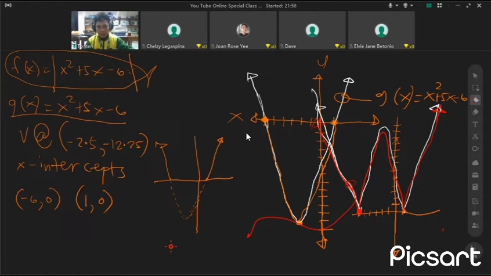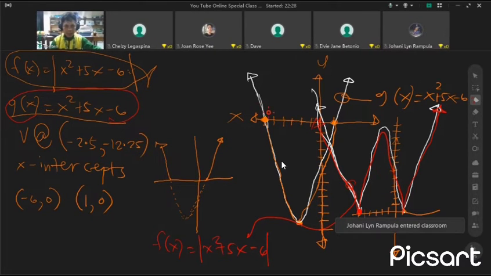This is f of x is the absolute value of x squared plus 5x minus 6. But we cannot graph this with this kind of setup unless we remove the absolute value sign and create a quadratic equation or function.